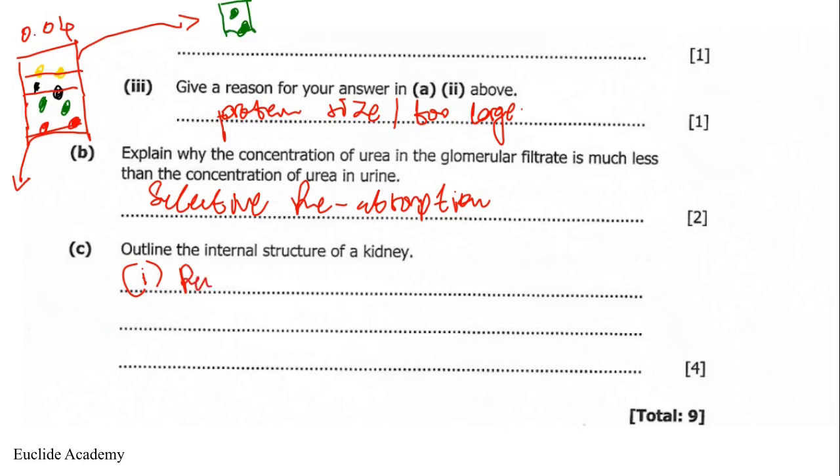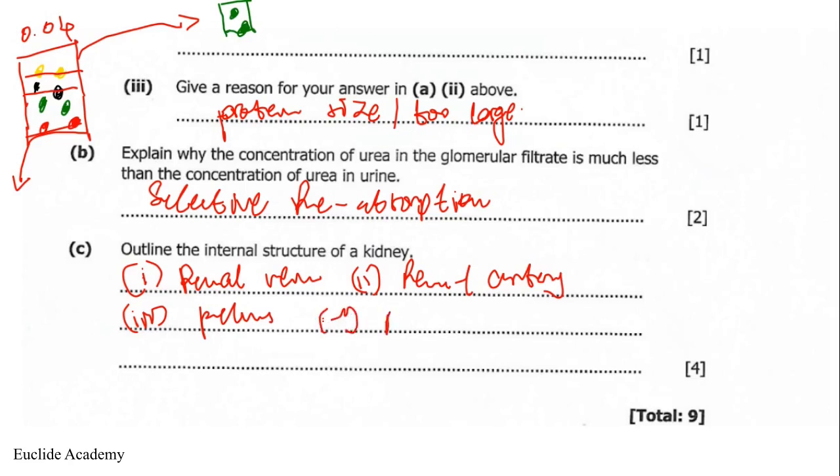So we can talk about the renal vein, that is one structure, and then the renal artery, and then we can talk about the pelvis, and then the medulla, and the cortex, and then we have the nephrons somewhere in between, somewhere in these parts.